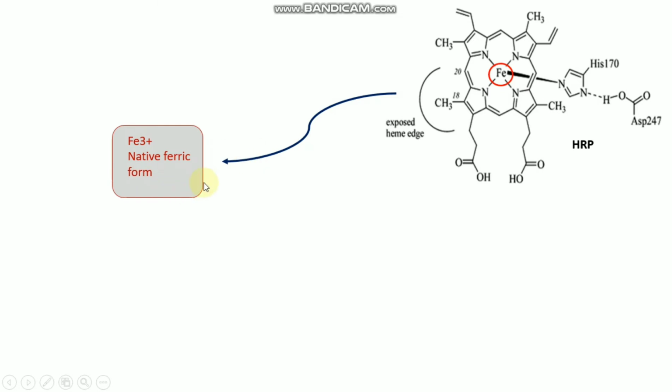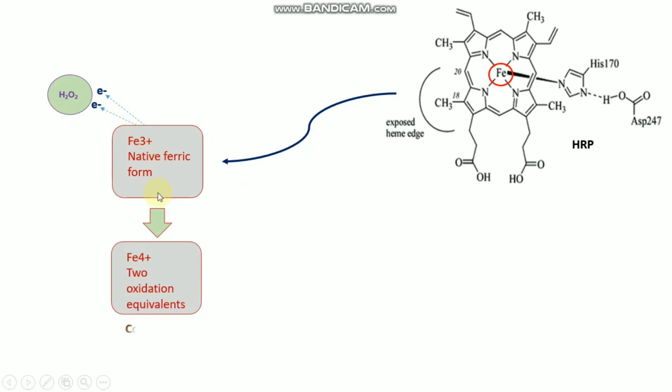This ferric ion donates two electrons to the hydrogen peroxide, because, as I mentioned earlier, hydrogen peroxide is a strong oxidizing agent, so it accepts electrons from another compound. Here the hydrogen peroxide accepts electrons from the ferric ion, and then it forms Fe4+.